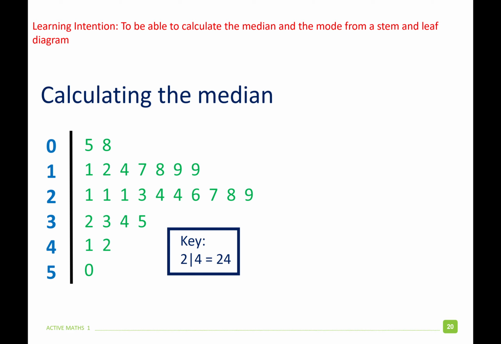To calculate our median, we need to rank our data. As it's in a stem and leaf diagram, our data is already ranked. To find the median, we now cross off the smallest and the largest values until we have only 1 or 2 leaves remaining. So let's cross off our smallest and our largest leaves.